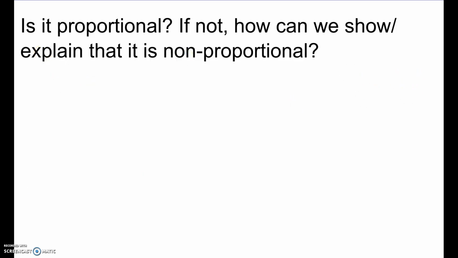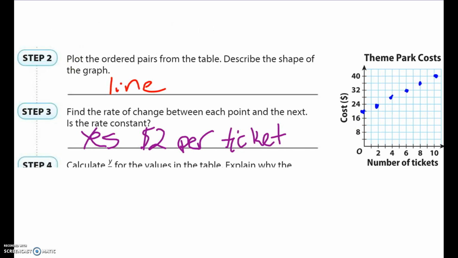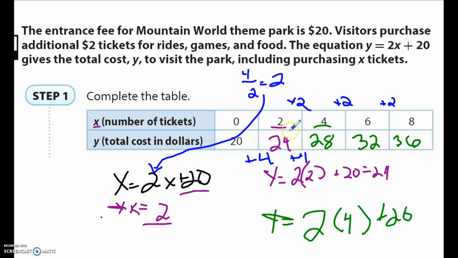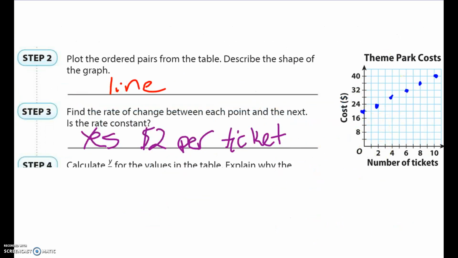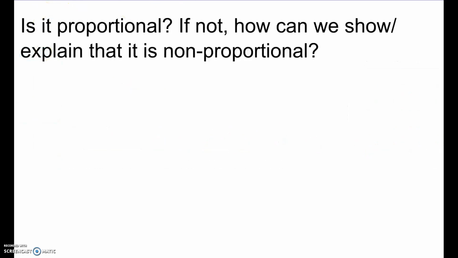If it is not, how can we explain that it is not proportional? Well, is it proportional? Do our tables have constant y to x ratios? No, they do not. Does our graph start at the origin, 0, 0? No, it does not. So I would say that it is non-proportional.